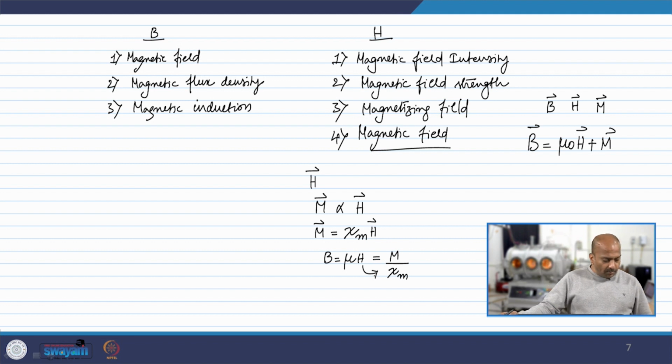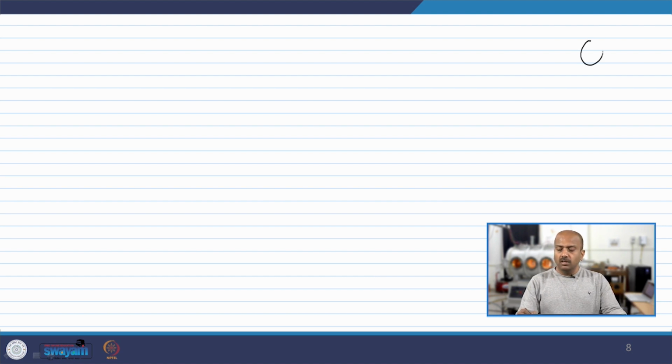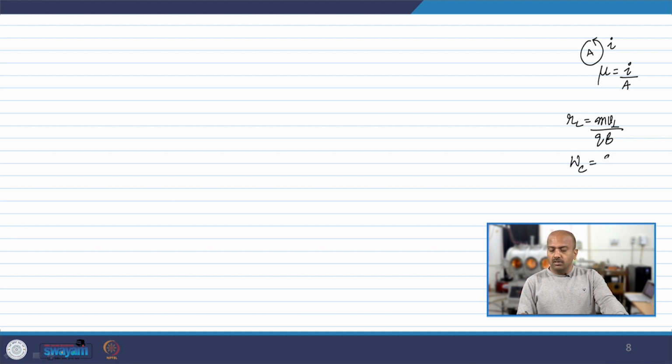Now for the case of plasma, the idea of magnetic moment is simple, because when you have particles gyrating, you have an area that is enclosed and you have a current; the magnetic moment is current times area. We have a measure of this, r_L, which is m v perpendicular by qB, and the frequency is qB by m, right?